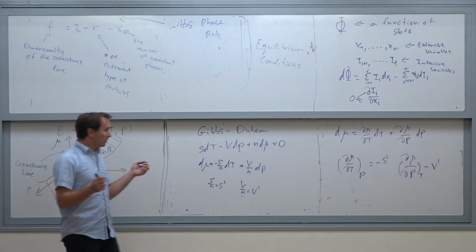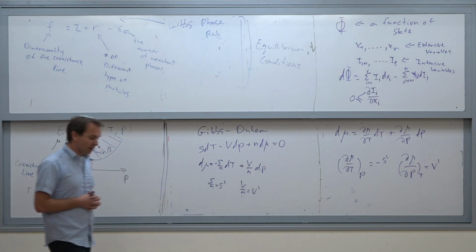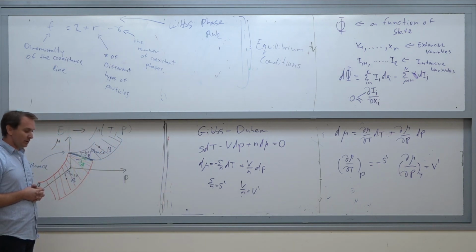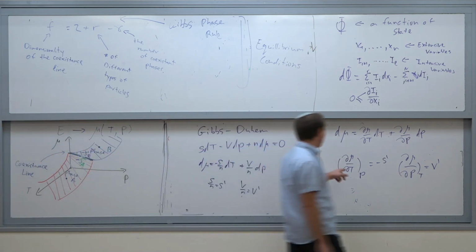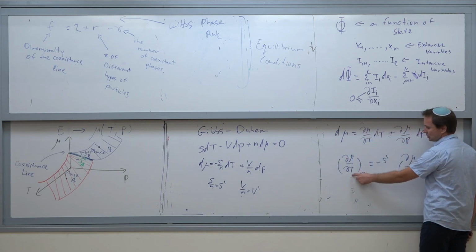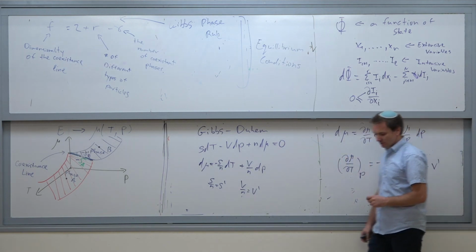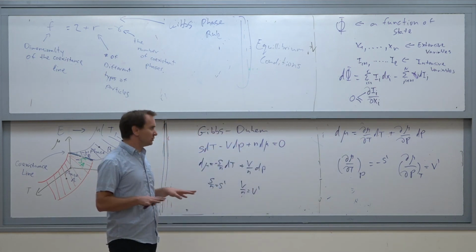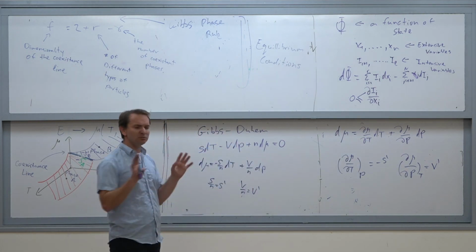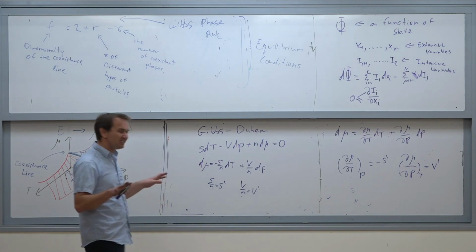Think about it as I start from water, and I go up and I heat the system. So I'm changing the temperature, and I'm keeping p constant. The entropy per particle is how one single particle behaves on average. It's the disorder.